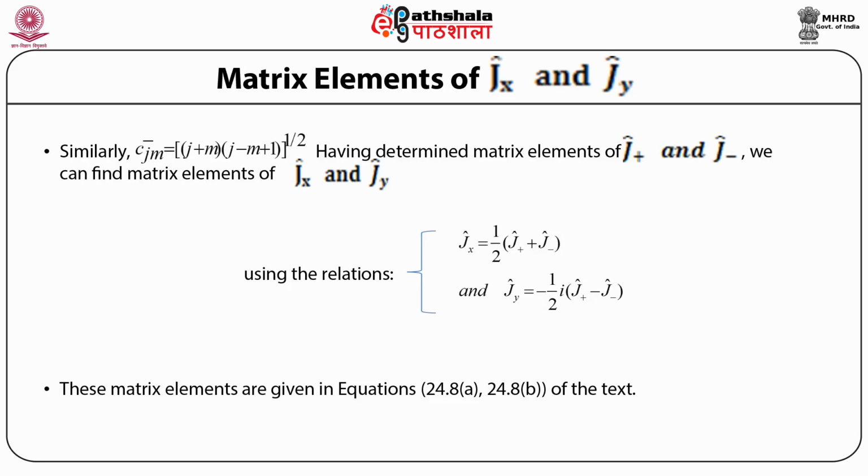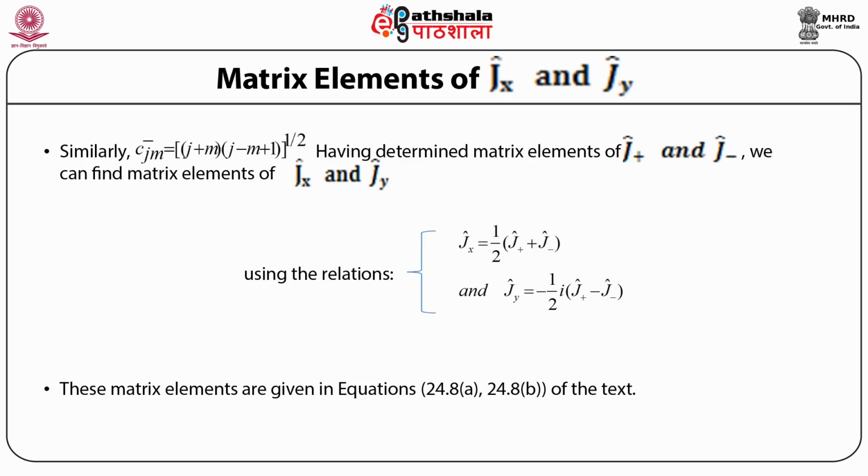And similarly, we can also find out the value of the constant Cjm minus, and this turns out to be equal to, within brackets, J plus m into, within brackets, J minus m plus 1 whole to the power half. So in this manner, we are able to determine the values of both these constants C plus Jm and C minus Jm.